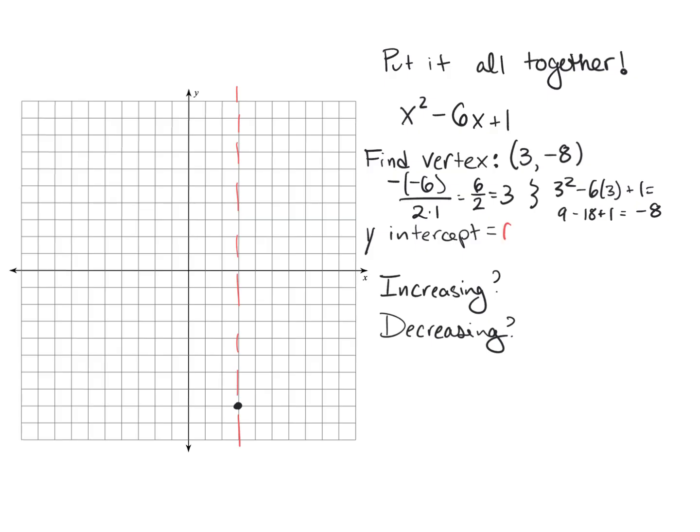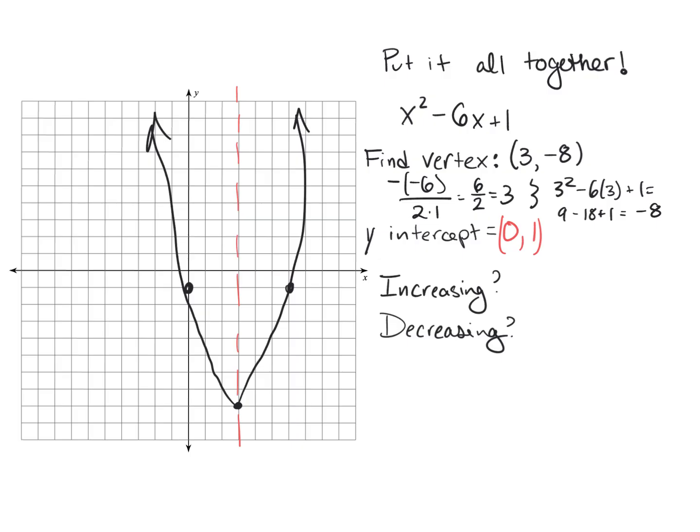So if I plug in 0, I end up with positive 1 as my y value, which is going to be here. And I'm noticing that's 3 away from my axis of symmetry, so 3 on the other side is here, which means that my parabola is going to look something like this. Not being super exact here, but you get the idea.